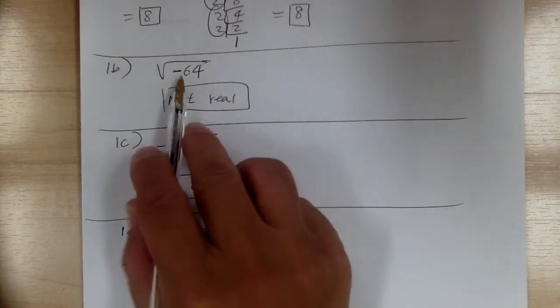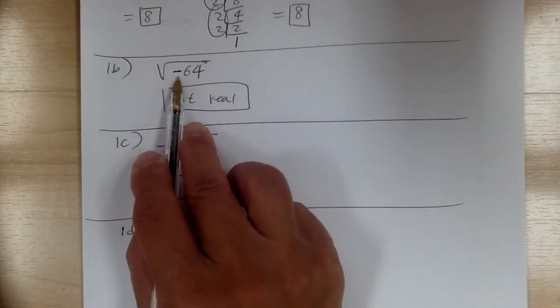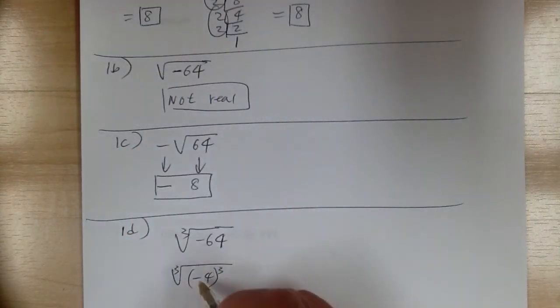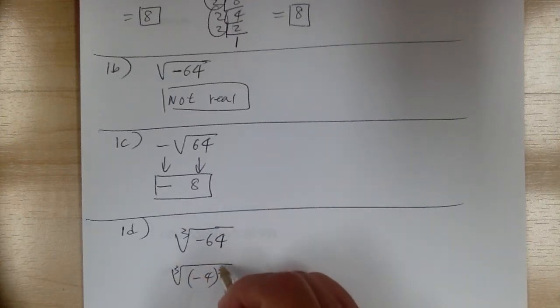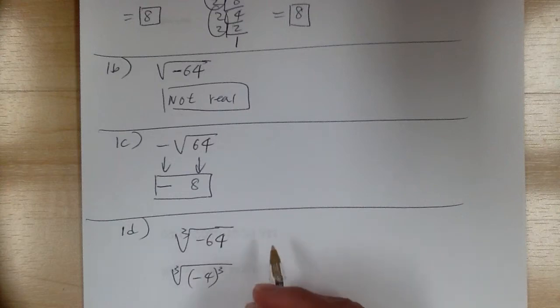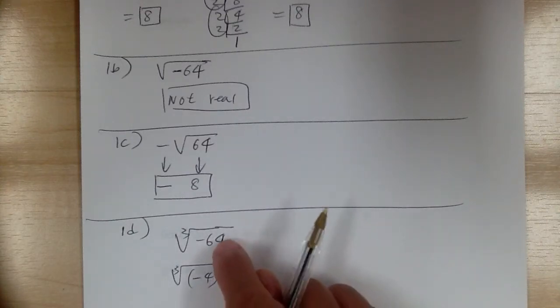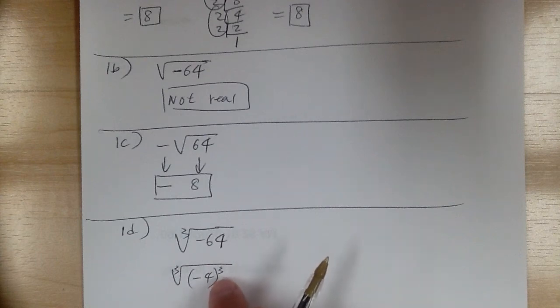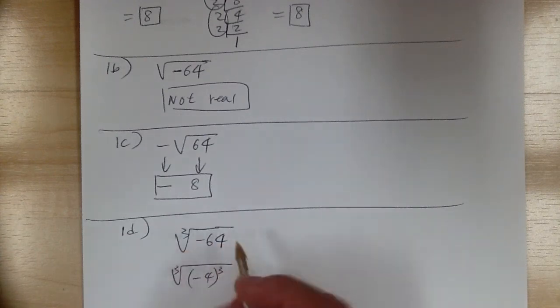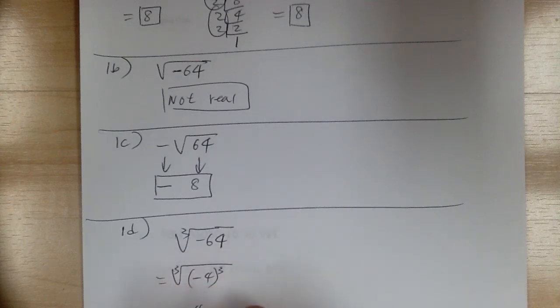The only time you cannot have it is when the index is even and you've got a negative on the inside. So with the odd index, you can just cancel out. Technically, you have to break it down into negative 4, negative 4, negative 4, and this way you're able to cancel out. So you're going to get negative 4.